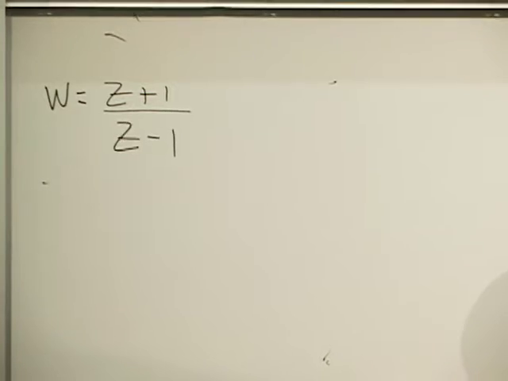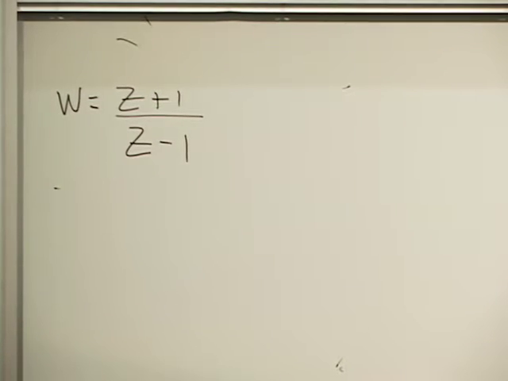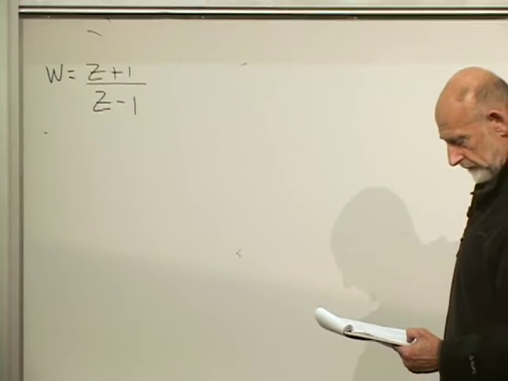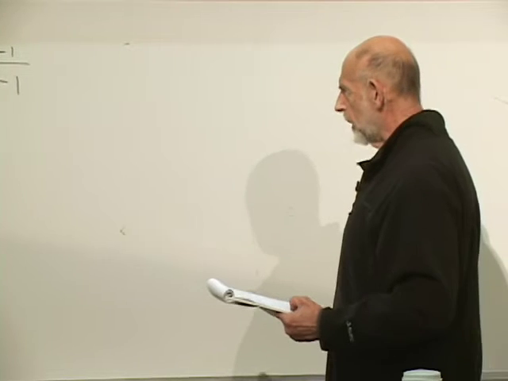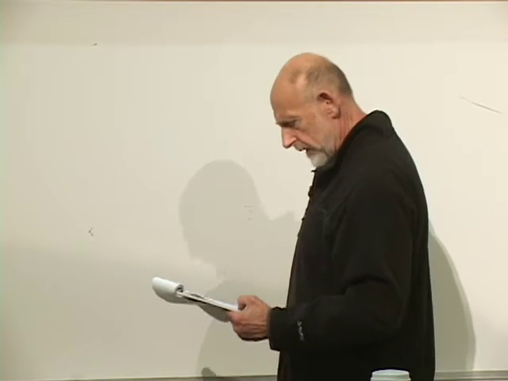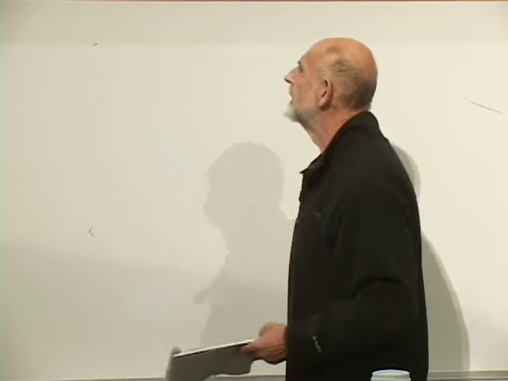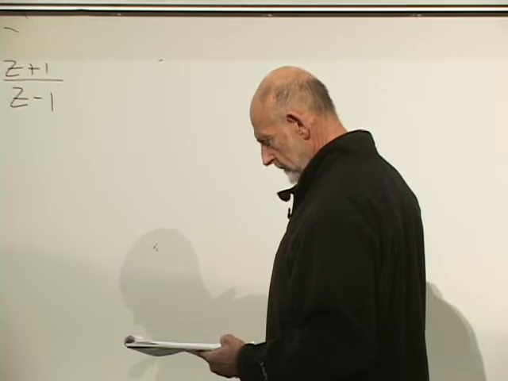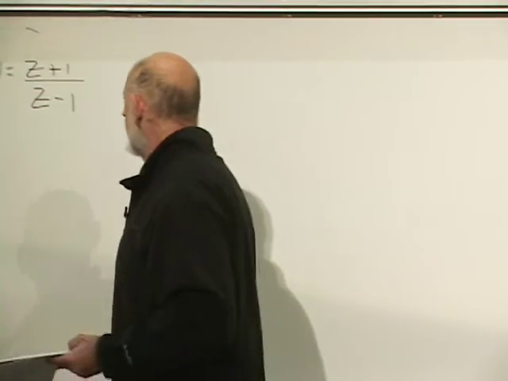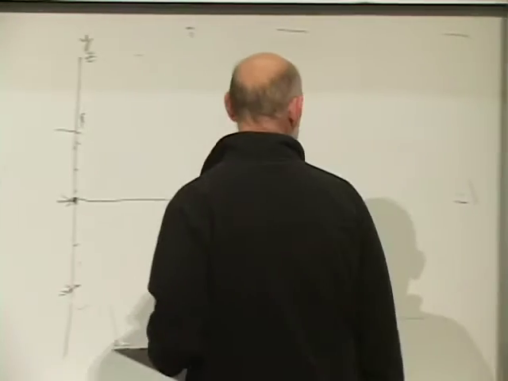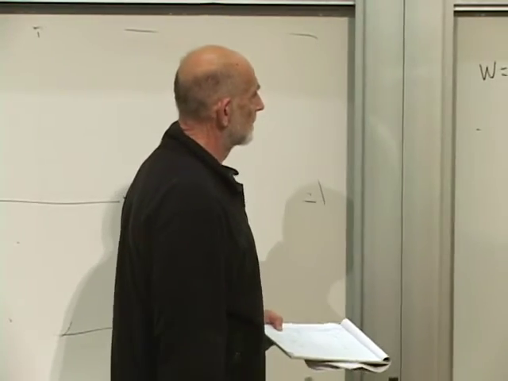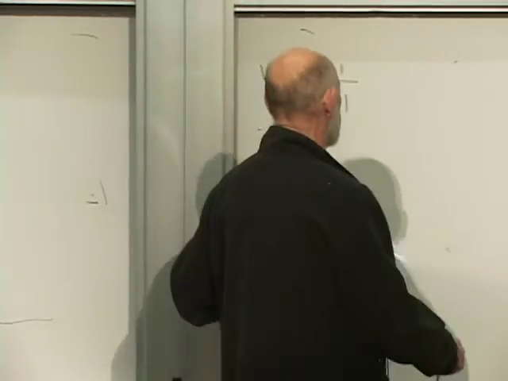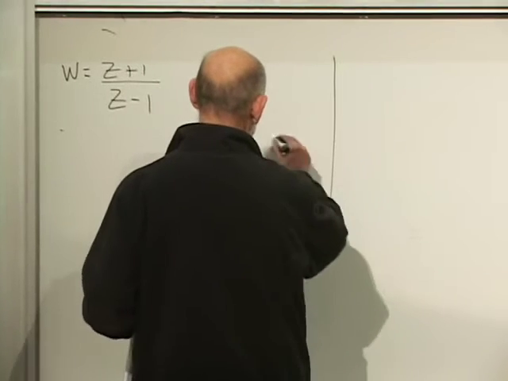Or do I want Z equals W plus 1 over W minus 1? One or the other. Let's try it and see what it does. Z equals 0. Where does Z equals 0 go? Minus 1, right?